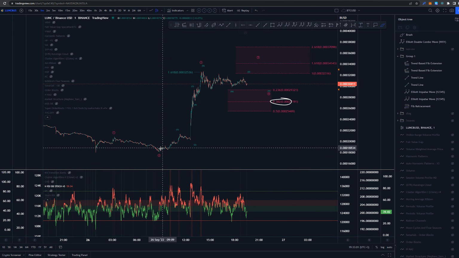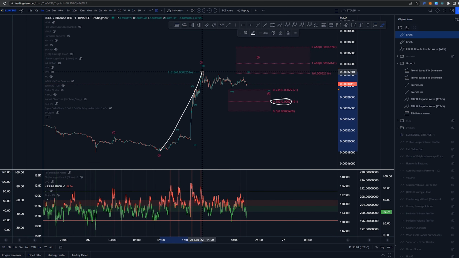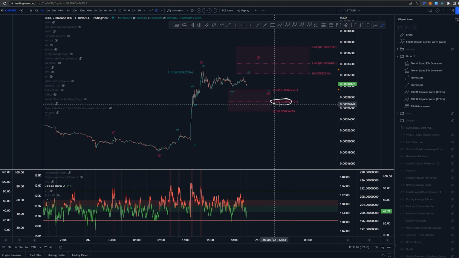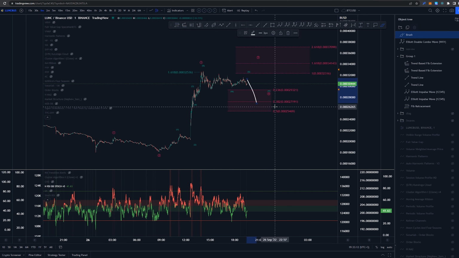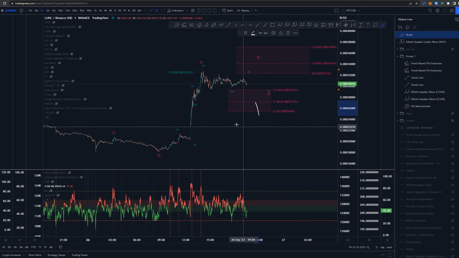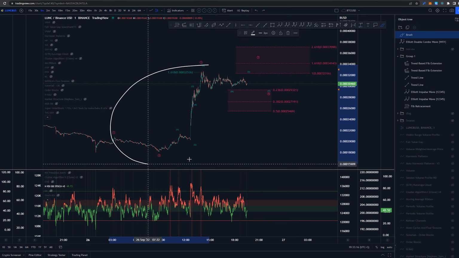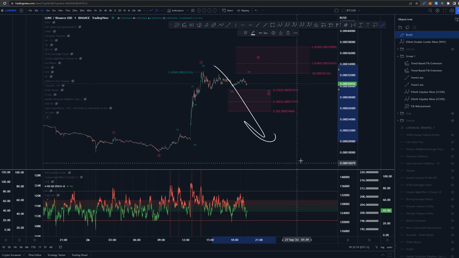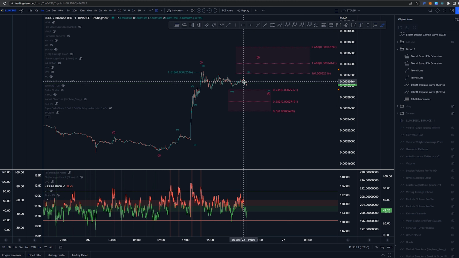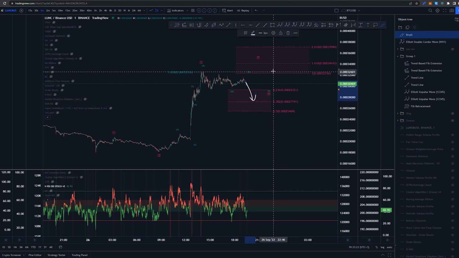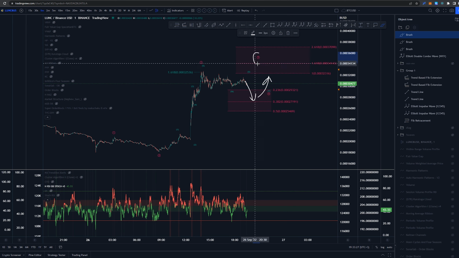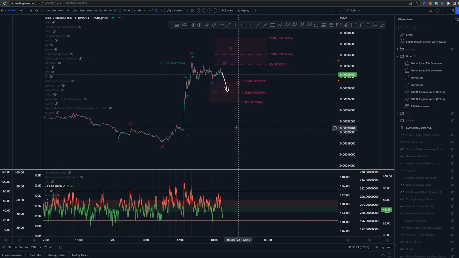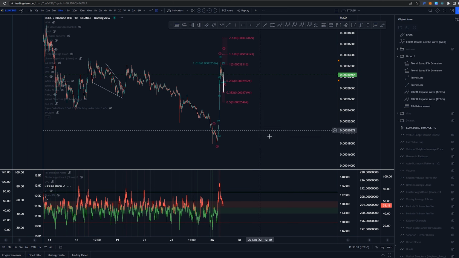And how you measure that is from the wave 2 lows to the end of wave 3, and you get this 38.2 retracement, which should be the most common one, and we don't really want to break this. If we do, then it is more likely that we have actually completed this whole thing already and are starting to move down again. However, if we can bounce off of here upwards, then we are set for that wave 5. But yeah, those are the things that I'm looking for at the moment on Luna Classic.